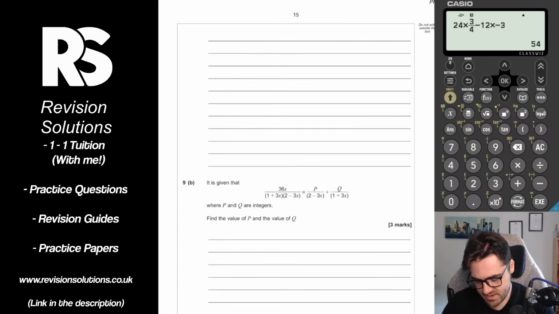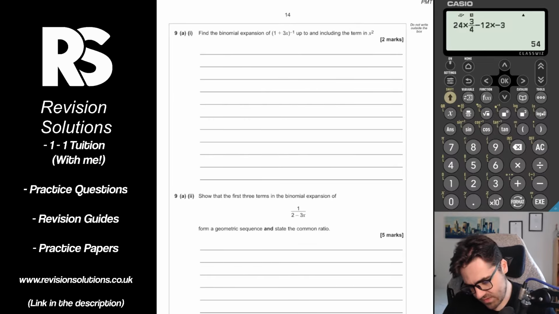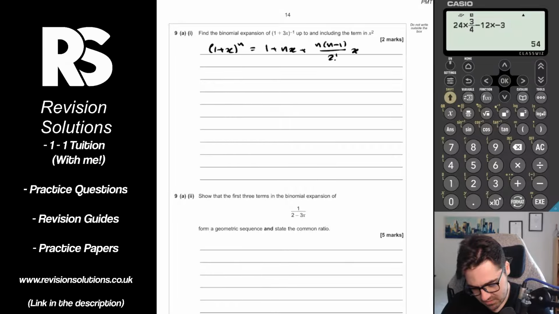Moving on to question 9. It says, find the binomial expansion of 1 plus 3x to the minus 1 up to the power of x squared. So that's going to be using this formula, as it's a negative exponent. So 1 plus nx plus, we want to go to the x squared term, it would be n times n minus 1 over 2 factorial times x squared.